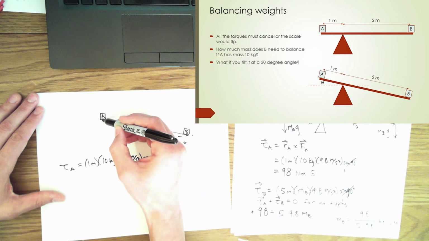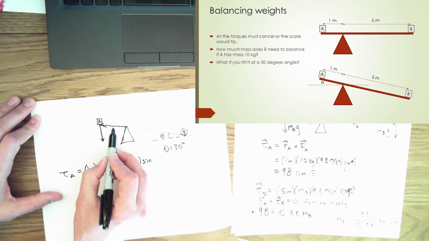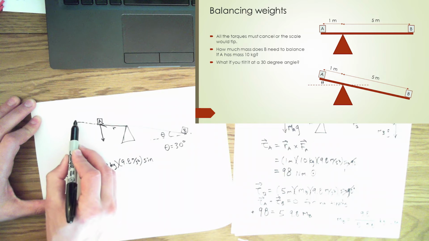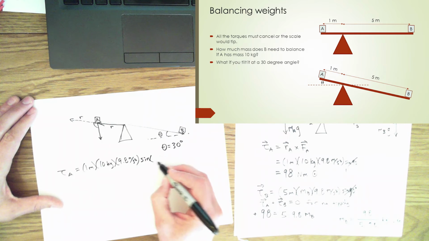So the force is this direction, the position vector is this direction. So if we put them tail to tail, this is the position vector. This is the angle we're worried about for sine of an angle here.